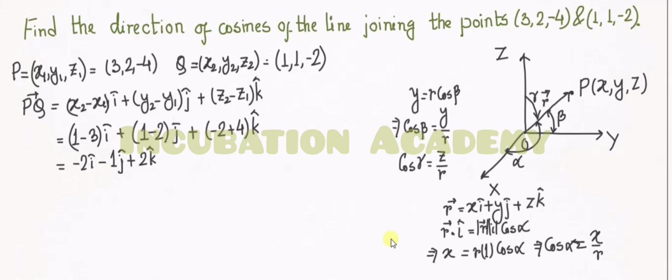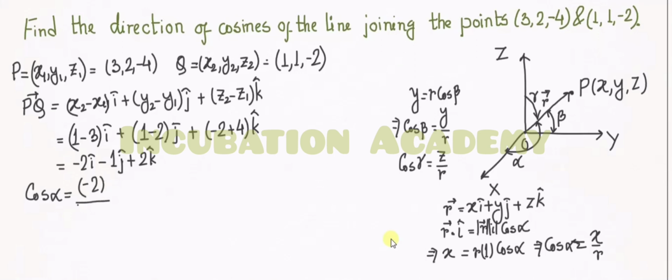If I want to find the direction cosine, cos alpha, the angle it makes with the x-axis, it is the x component of the PQ vector, that is -2, divided by the magnitude of the PQ vector.